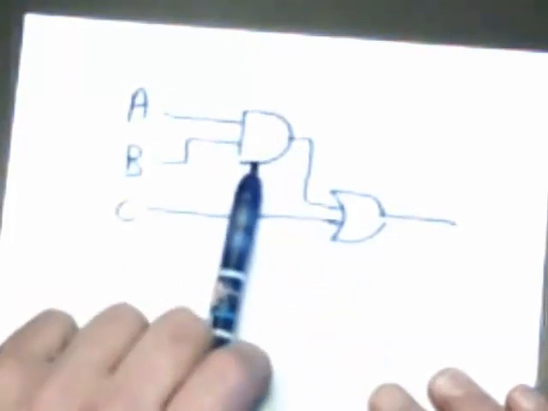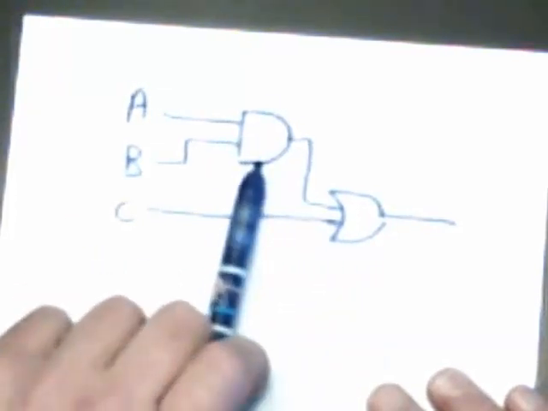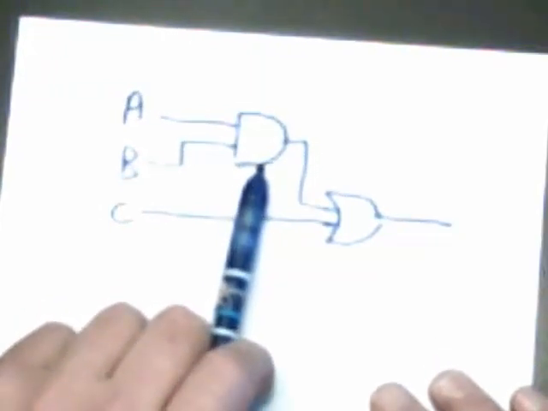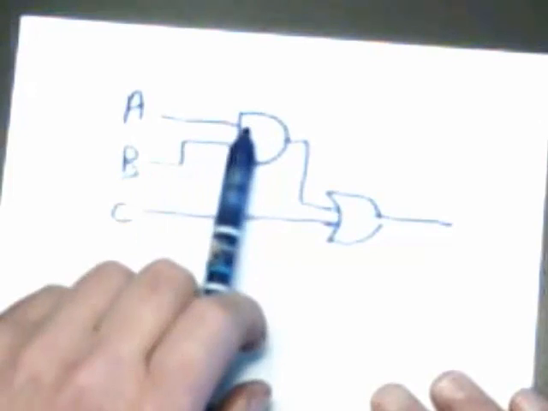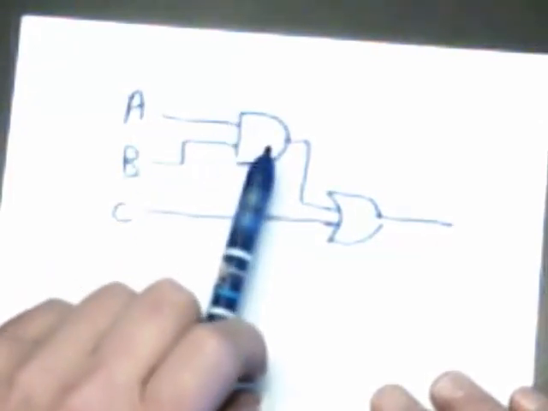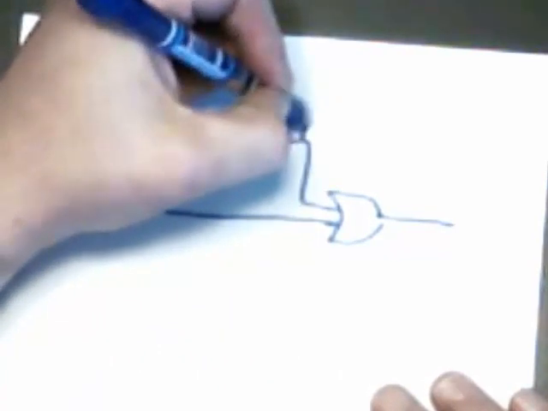Best way to do it is pick a gate. I usually start left to right, so I'm going to pick this one because it's more left. That is a time sign. That's an AND gate. What's going into this gate? Well, here's one line is a B, one line is an A. This is going to take A times B and spit the answer out.